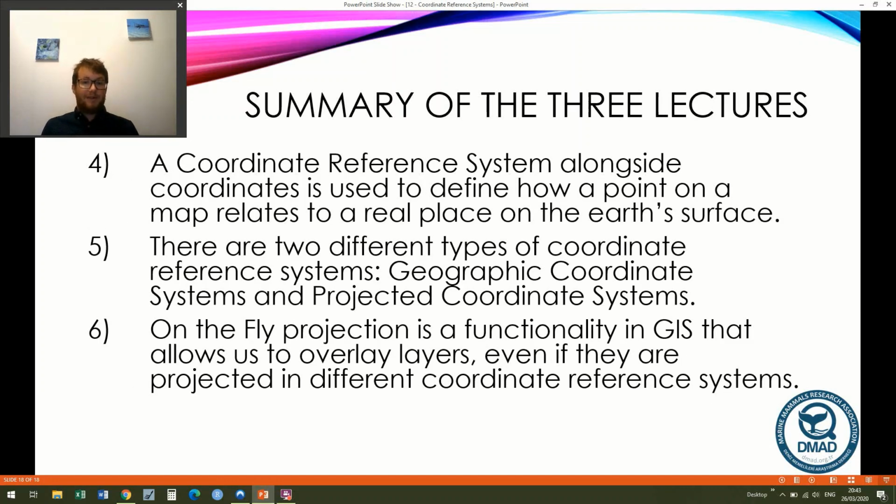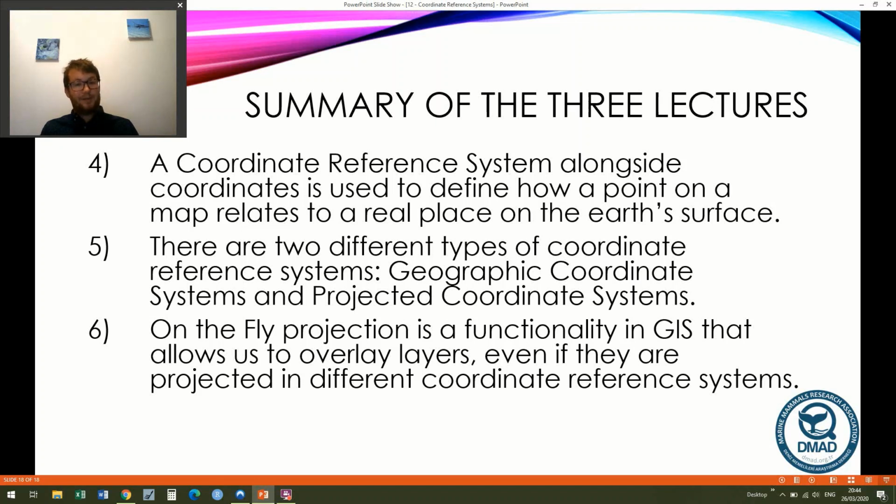So a coordinate reference system, alongside a set of coordinates, is used to define how a point on a map relates to a real place on the Earth's surface. There are 2 different types of coordinate reference system generally. These are geographic coordinate systems, so ones on a sphere, and projected coordinate systems, which are flat or planar.